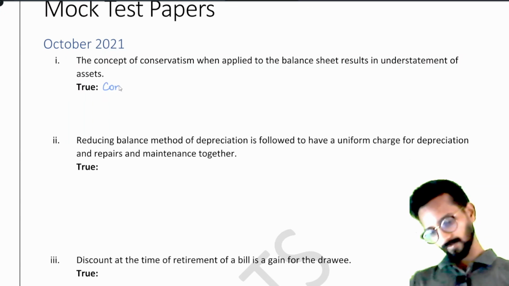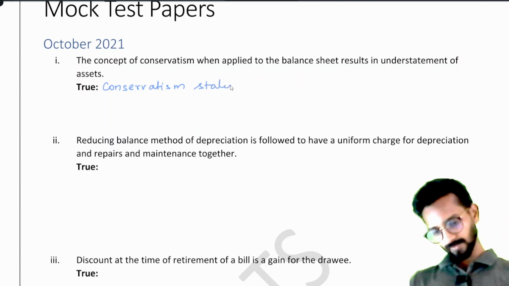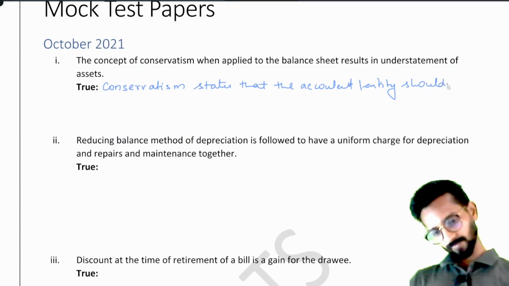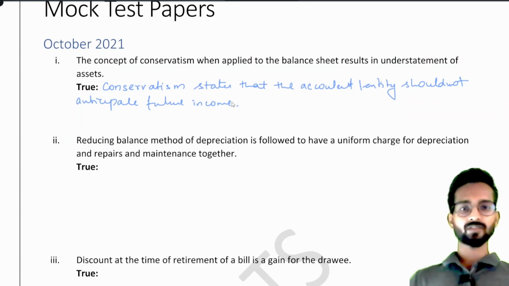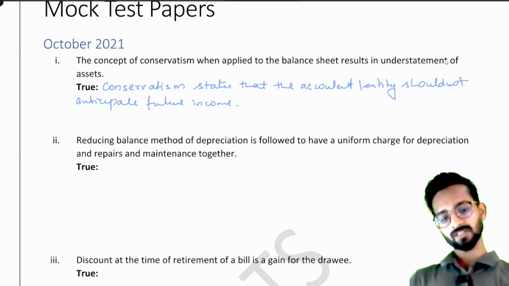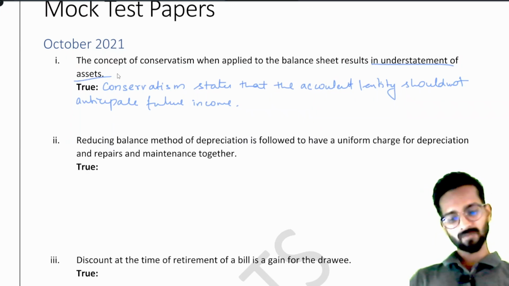You can say conservatism states that the accountant, or you can say the entity, should not anticipate future income. समझे? देखो, कंजर्वेटिज्म या फिर आप कह सकते हो कंसेप्ट ऑफ प्रूडेंस क्या बोलता है? You should never anticipate future income but you should always account for future probable losses. समझे? That's why you can say that it is resulting in the understatement of assets. बात समझ में आ गई?